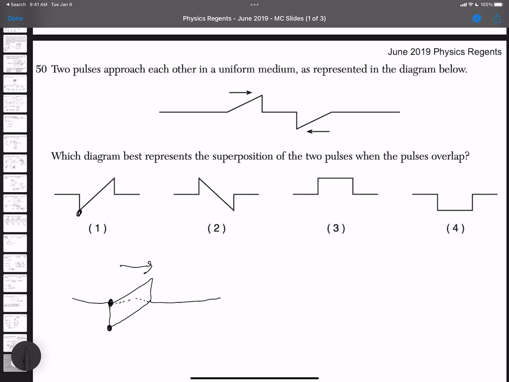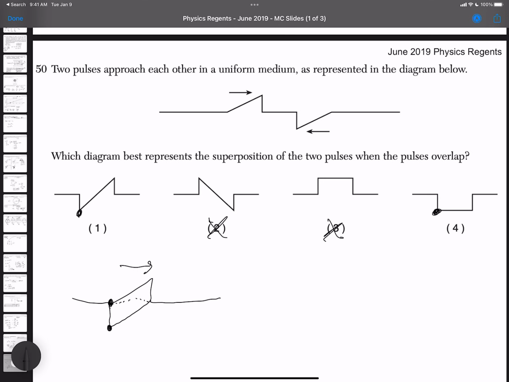So we should end up with something that is below that horizontal. Okay, which means we can eliminate 2 and 3. Right? Because we have 0 plus a negative. So that corner should end up below.